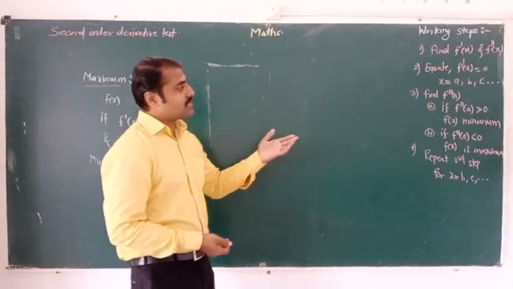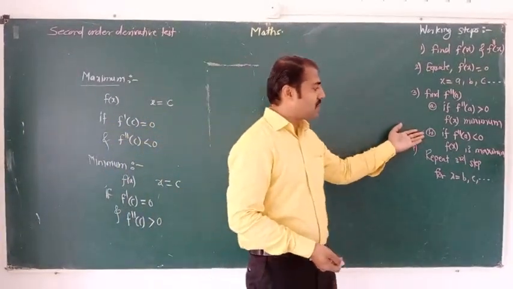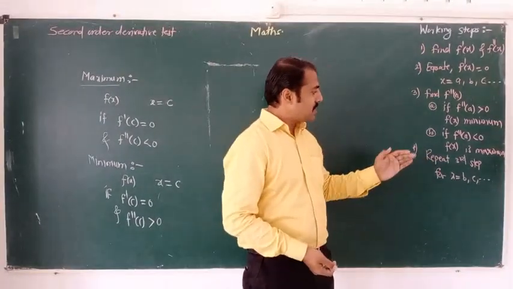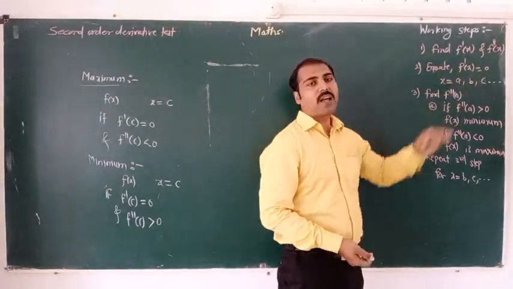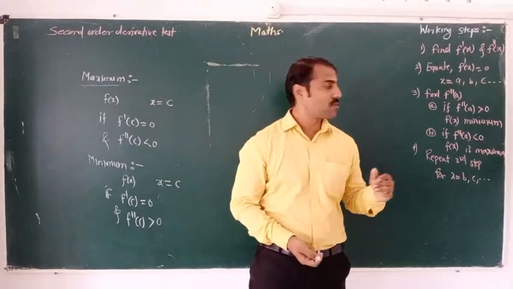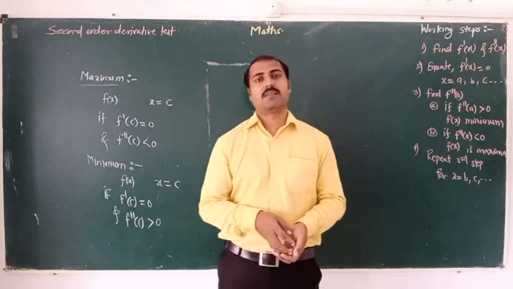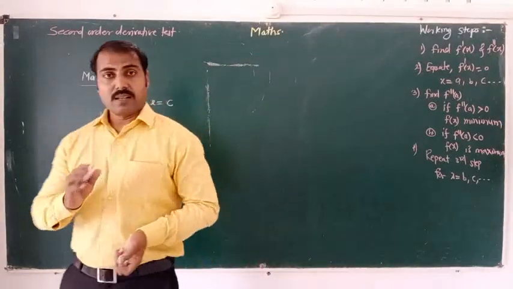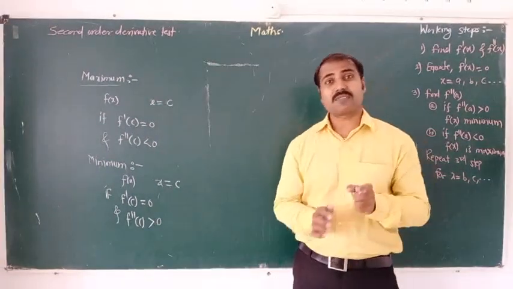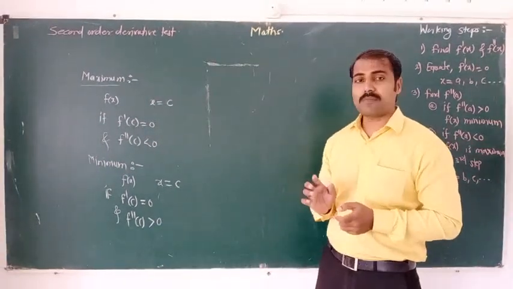The minimum value is f of a, and the maximum value is also f of a at that point. Fourth step is to repeat the third step for the remaining values of x, that is x equal to b, x equal to c.